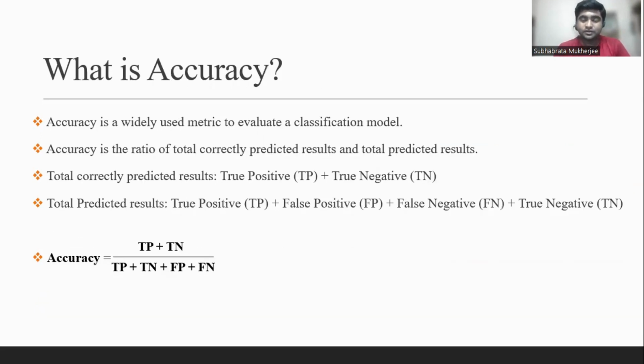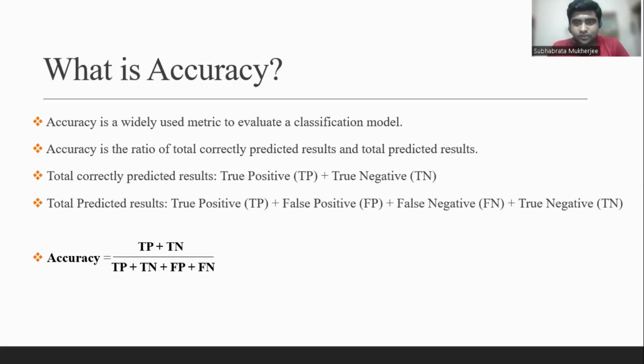Now, going further, what is an accuracy metric? Accuracy is also a widely used metric to evaluate a classification model. Accuracy is actually the ratio of correctly predicted results to the total predicted results. What does it mean? The correctly predicted results are nothing but true positives and true negatives.